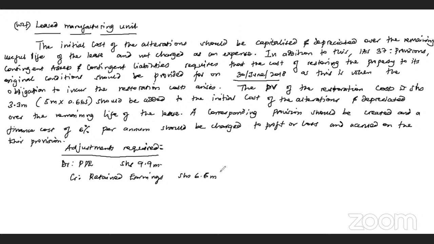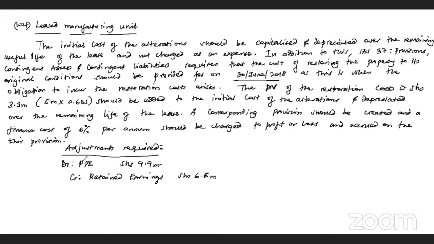That was wrongly expensed. According to the question, they are telling you that 6.6 was expensed and charged to the administrative expenses, which is not correct. So you have to cancel out that by crediting your retained earnings.